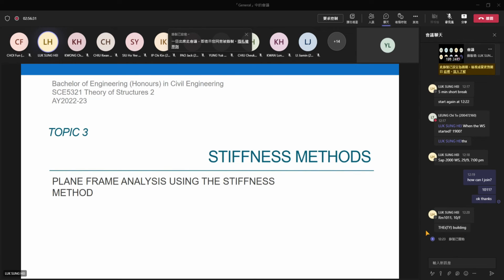In these sections, we want to use the stiffness method to analyze the behavior of 2D frames. You can expect that the procedures are the same as what we did for beam and for truss structures, same approach. So in this section, I will go faster because there are not many new things. I think the only new thing is the stiffness matrix. The other procedures and formulations are basically the same as what we learned in topic 1 and topic 2.